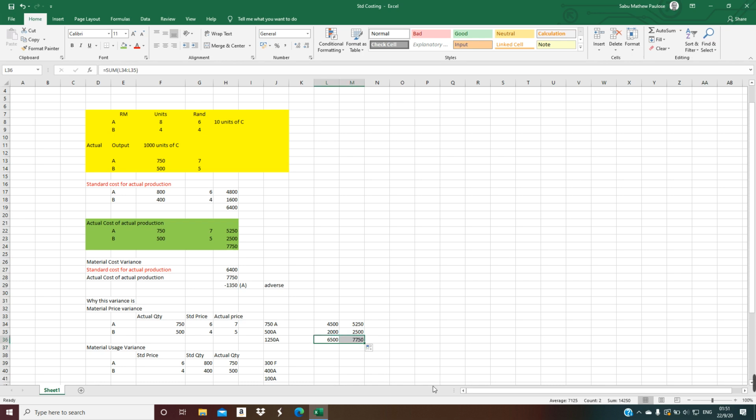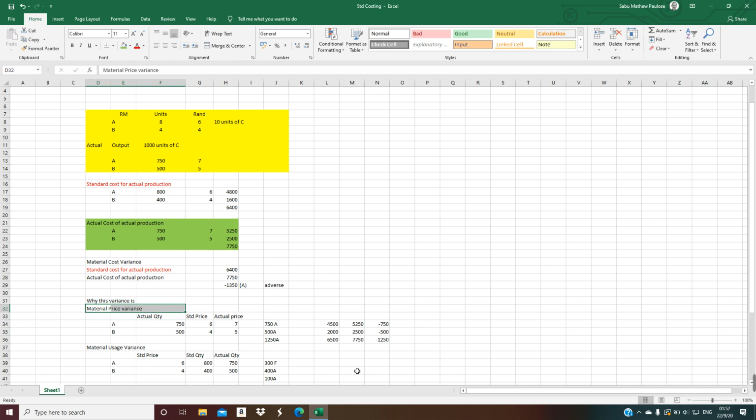And 7750. Here if you take the difference like this, 1250 is coming as minus, so that is adverse. So in this 1350 adverse, 1250 is due to the price increase.